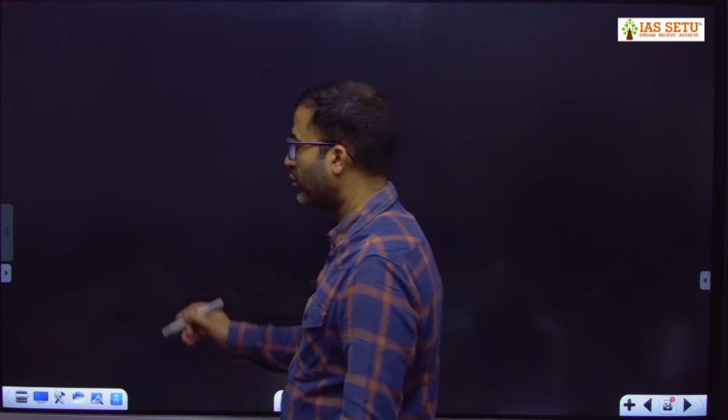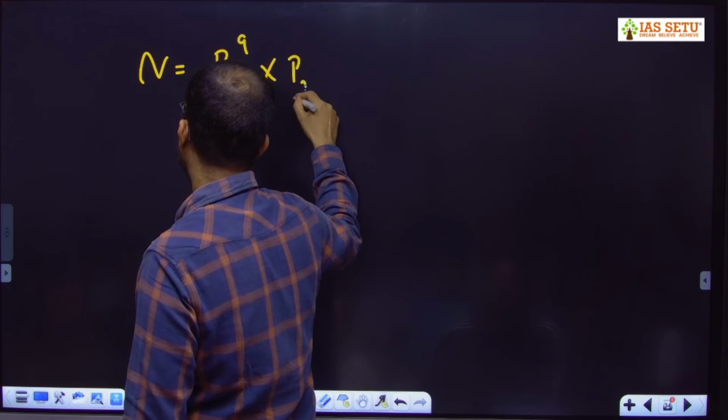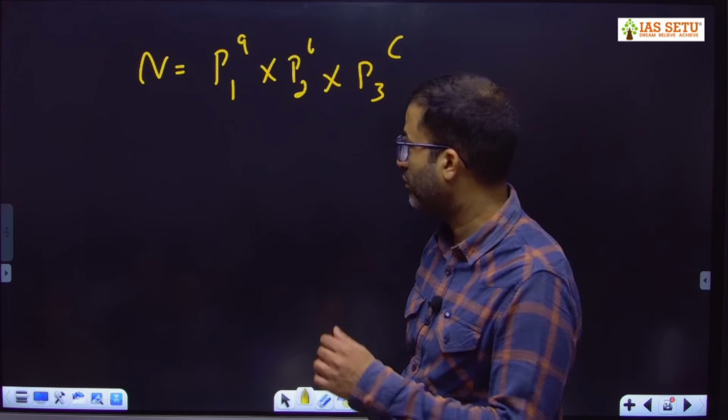So in terms of formula, P1 to the power A into P2 to the power B, P3 to the power C. So what is actually the sum of the factors formula?